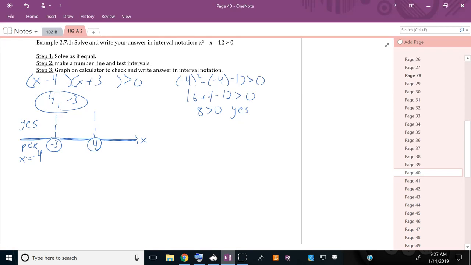Let's do the same to the other intervals. I need a number between negative 3 and positive 4. 0 is probably the easiest, because 0 squared minus 0 minus 12 is just negative 12, and that is definitely not greater than 0. So let's put a no there. And then finally, I need a number greater than 4. Let's pick 5.